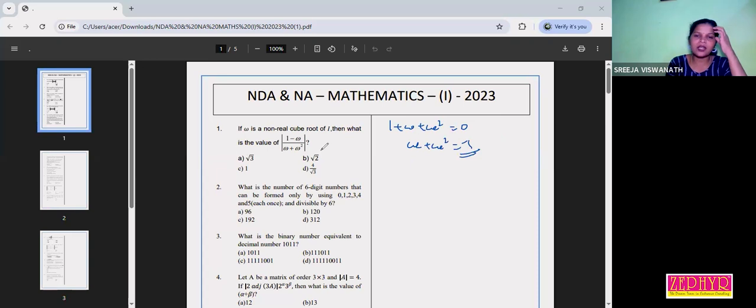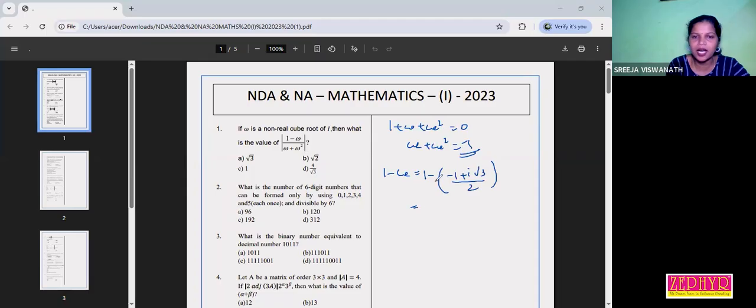Now what about the numerator? 1 minus omega. What is 1 minus omega? 1 minus the bracket of minus 1 plus I root 3 by 2.